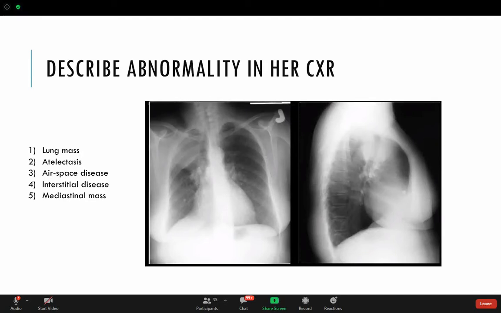Is this a mediastinum mass? Is this atelectasis? Is this an airspace disease? Is this an interstitial lung disease? And always accompany that by why. Why do you think this is number 2? Why do you think this is not number 2?